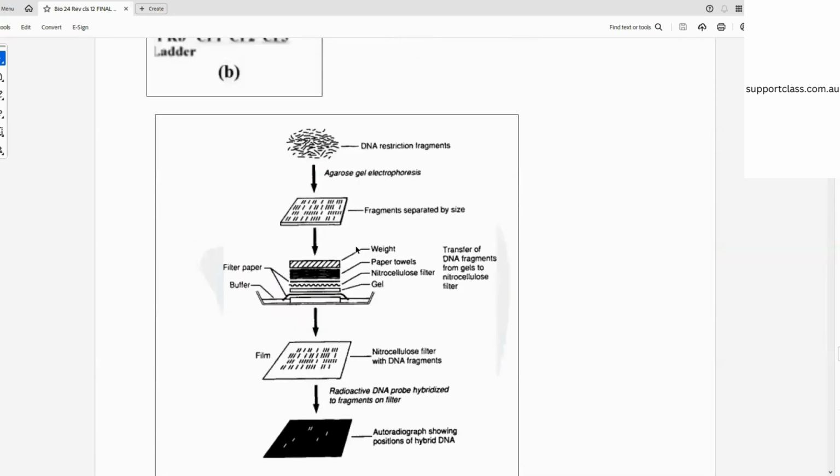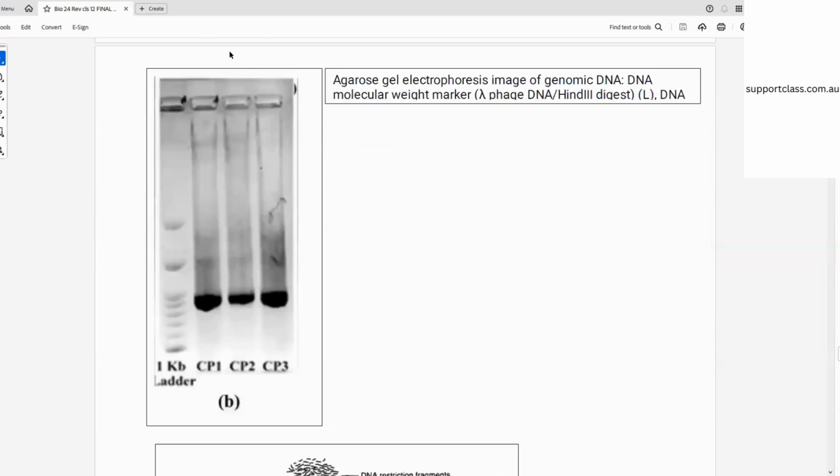So remember the PCR fragments? We can't use them for cloning, but we can use them to make DNA probes. DNA probe.